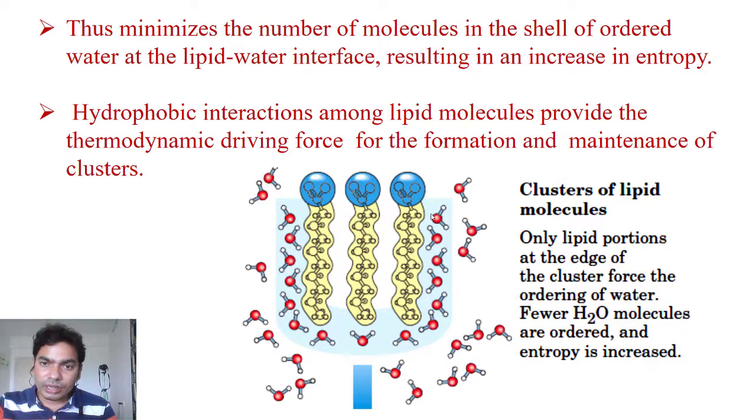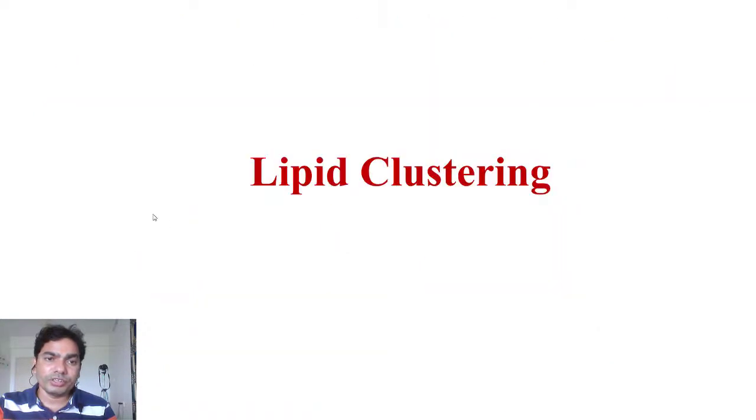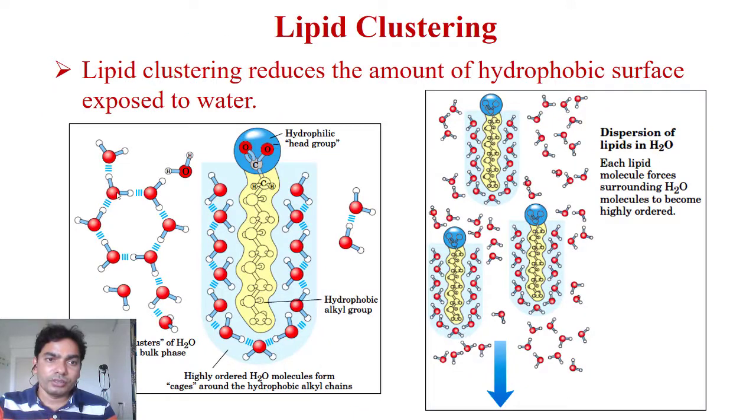So there is arrangement of less water in this portion, meaning they are in an ordered condition, but their natural condition is this. They are not in this condition, they are ordered towards the lipid fatty acid, but this increases the entropy, right?